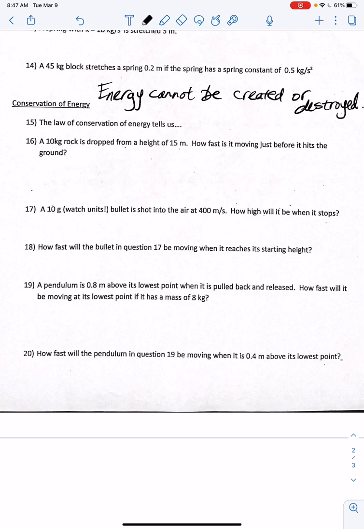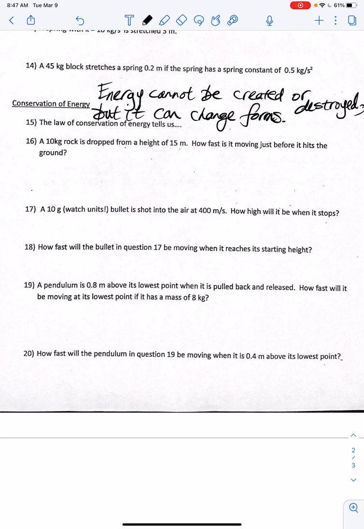But it can change forms. All right, so this means that the amount of energy that was there at the beginning of the universe is the amount of energy that's there now, although it's in different forms. All right, the law, good, so that's 15.